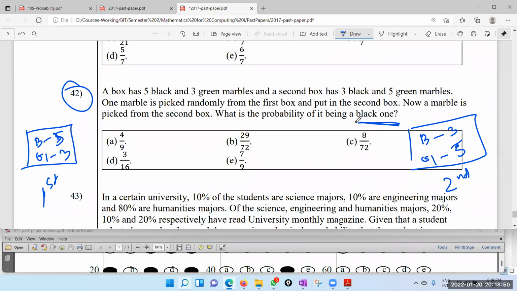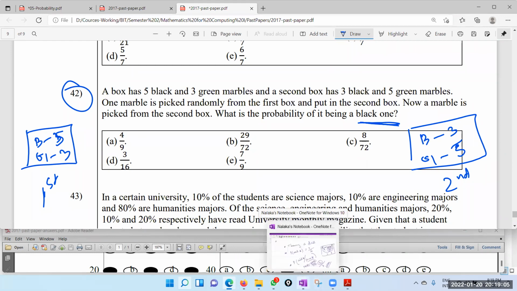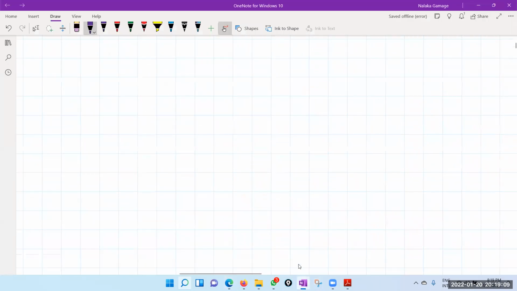So how do you do that? This is conditional probability, because the second take depends on the outcome of the first one. So therefore, let's put it into one note. Say we have the first take and the second take.